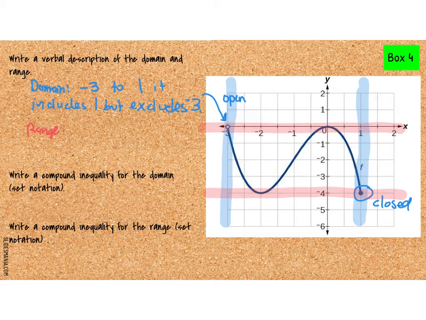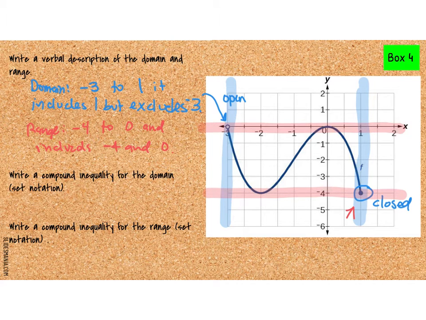So pay attention to my range. My range is from -4 to 0 and includes -4 and 0.